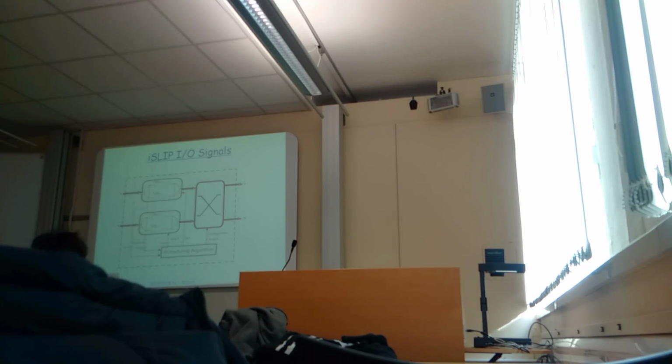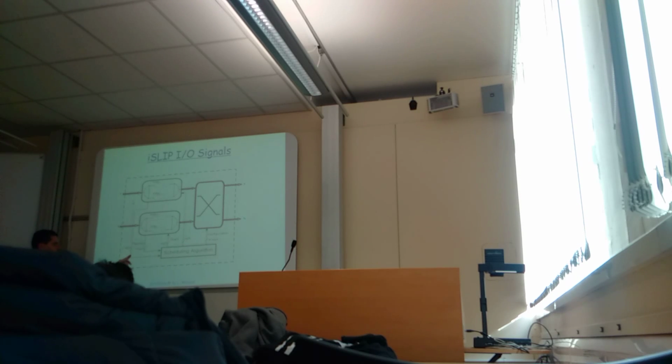So if I have 8 queues, assume n is 8, and a packet came to queue number 5, I could send 101 to say it is the 5th queue. This is the signal. The 1 here is a valid bit. In hardware, to validate a signal, you send a 1 to say it's valid.